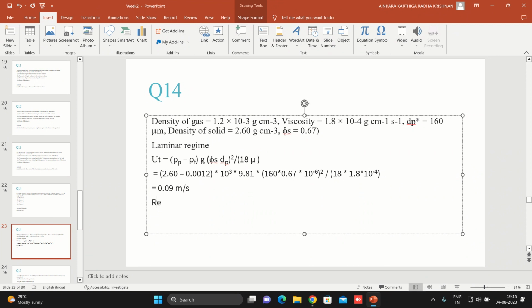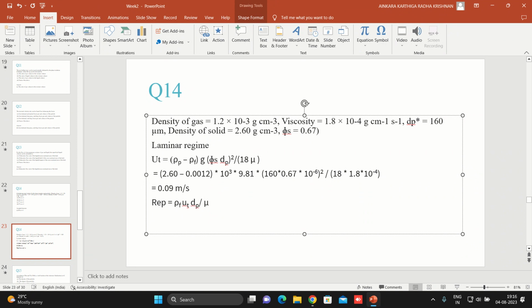Now we should check the Reynolds number. Rep is given by rho V dp by mu, that is rho Ut dp by mu.